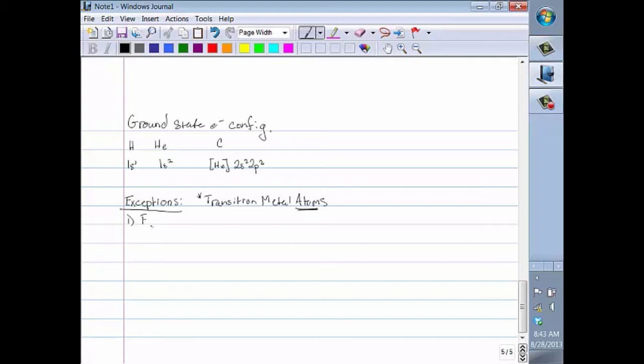So the justification for our trend is that, because we have observed spectroscopically that the 4s orbitals are occupied, we think it's advantageous to occupy orbitals of higher energy, like the 4s, because it reduces repulsions between electrons in the 3d.